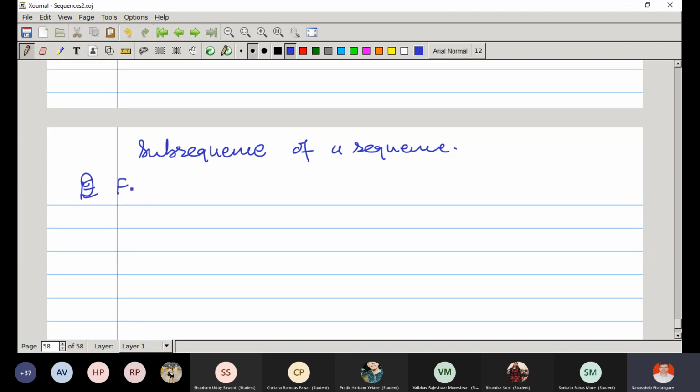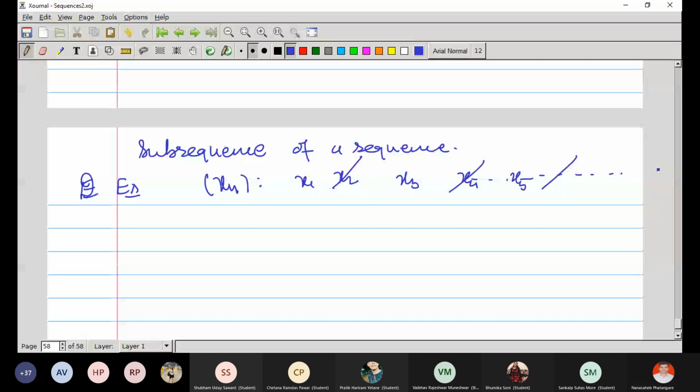For example, if you have a sequence xn, x1, x2, x3 and so on, this is my sequence. To obtain a subsequence of this, I will just delete some terms. Suppose I delete the second term, fourth term, sixth term and so on. Then what remains? x1, x3, x5, x7 and so on. So I deleted the terms at even positions, and only these remain. This is a subsequence.